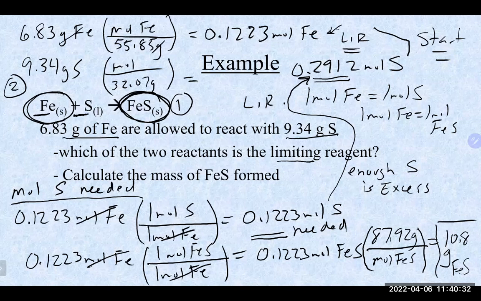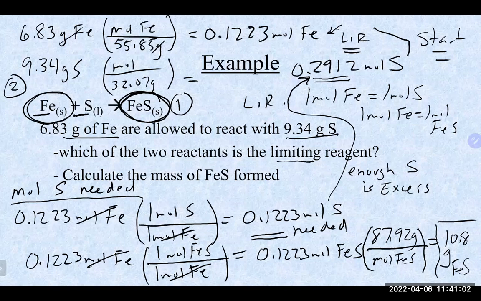So really the same sort of steps as a basic stoichiometry problem, with the inserting of figuring out which one is the limiting reagent at this point. Any questions on those? Now in this particular case, if I want to know how much excess reagent is left over, what should I do? Which one's the excess reagent?